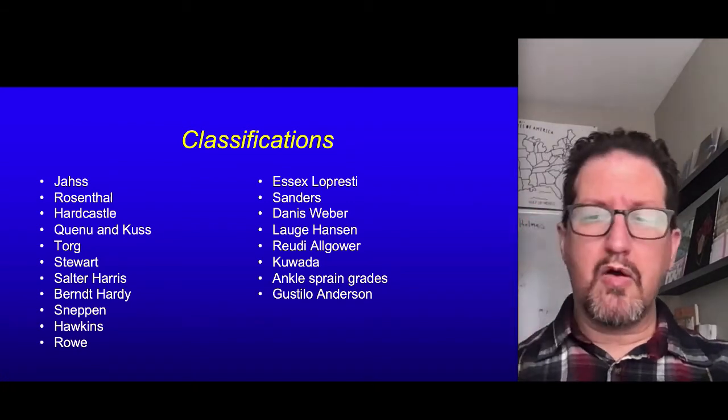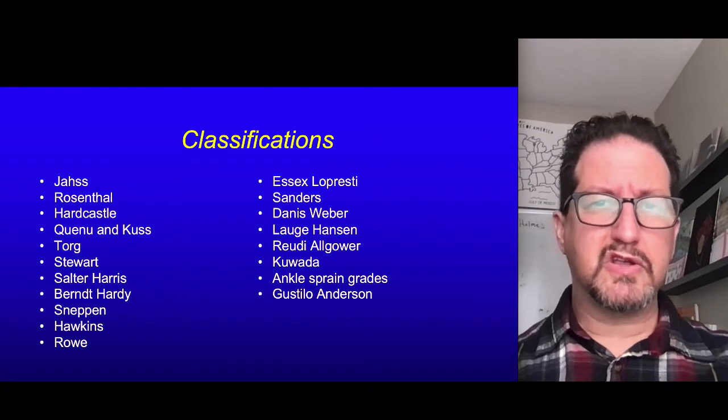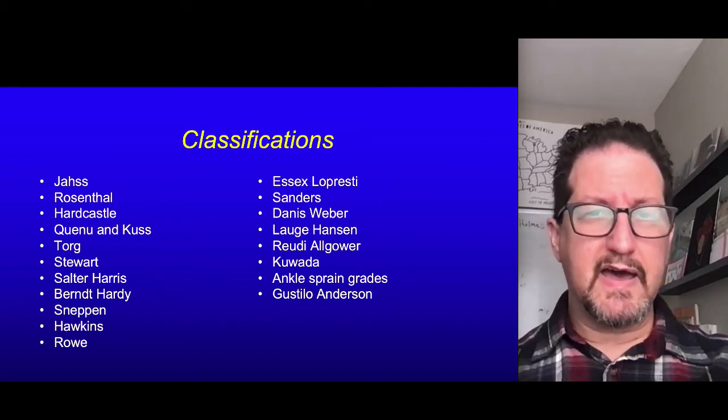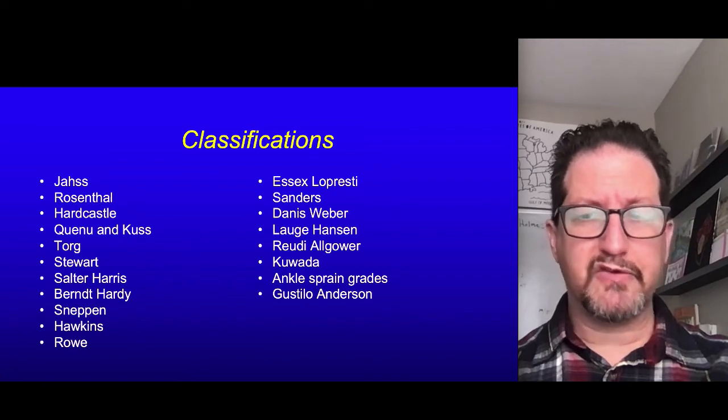So there are a lot of classifications, and the fact that there are a lot of these should give you a giant hint that a lot of your questions are going to be classification based.